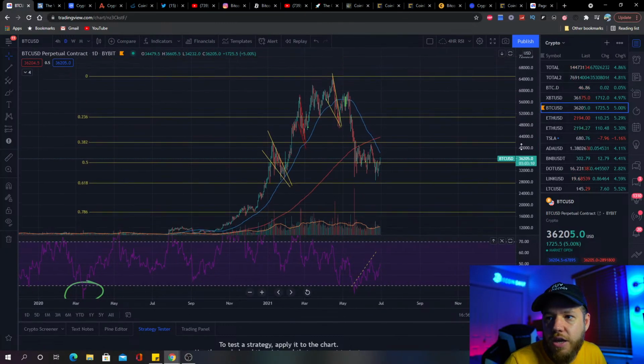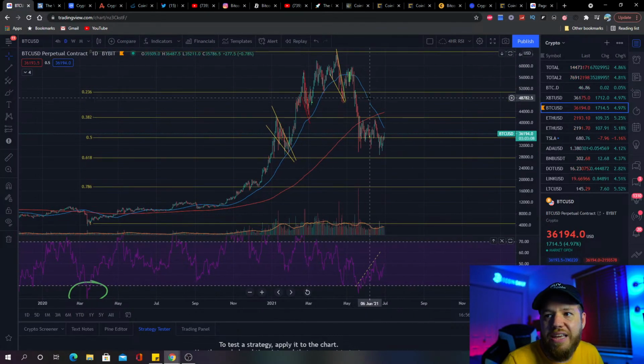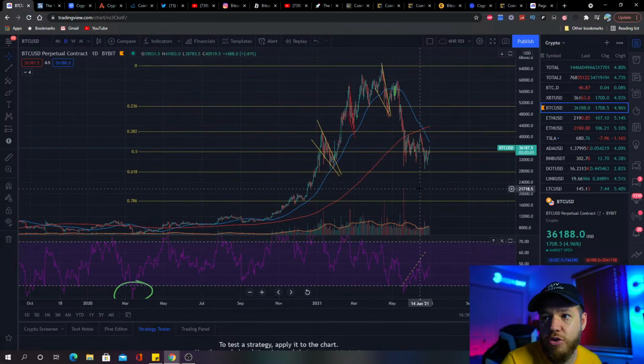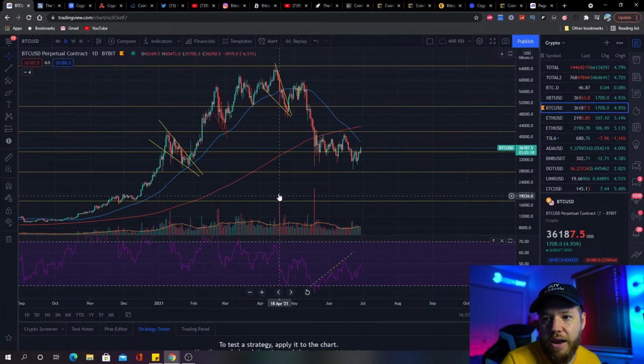And then you use the Fibonacci retracement tool, and it gives you an idea of where there could be levels of interest.